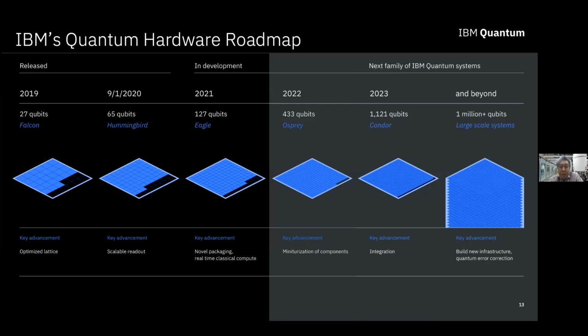So last fall, when we released this roadmap, it was concurrent with a 65 qubit Hummingbird processor, which we had. And then this year in development right now is our 127 qubit Eagle processor.